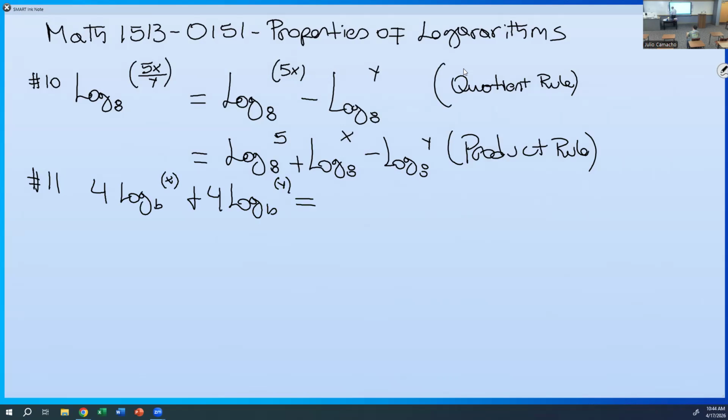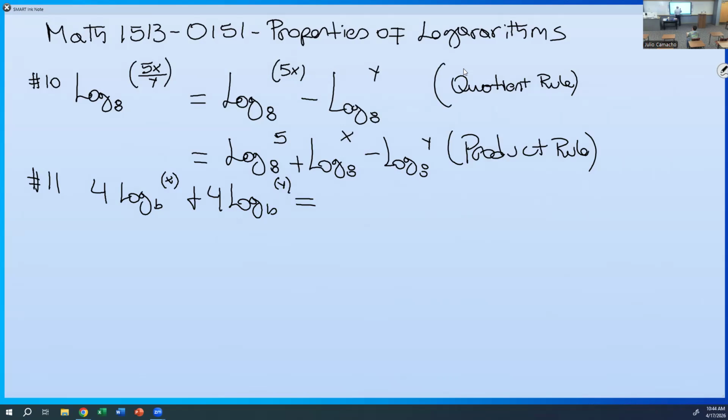And we need to put this back in one expression. I will give you 3 minutes. You can try to do it. You have to reverse two properties, there are 2 rules. What do you reverse first? The power rule. Excellent. Exactly. I will reverse the power rule.